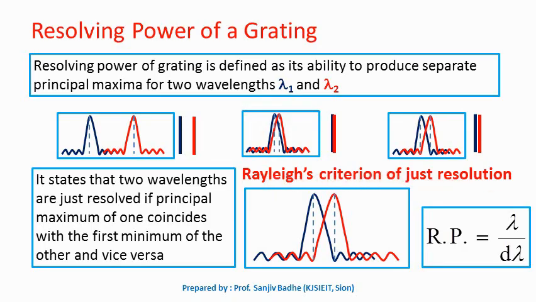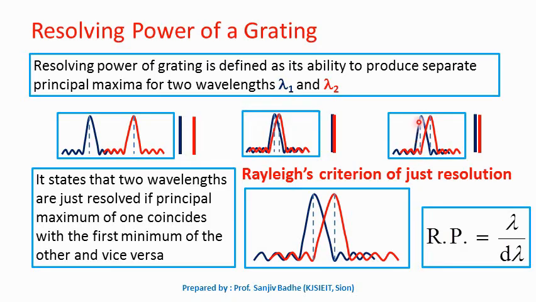It states that two wavelengths lambda 1 and lambda 2 are just resolved if the principal maximum of one coincides with the first minimum of the principal maximum of the other, and vice versa.